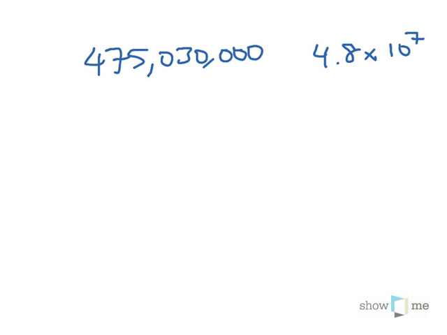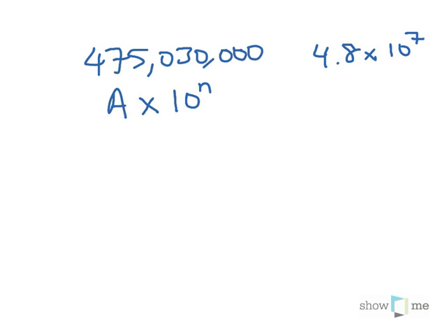Here's an example of how to use scientific notation to execute a comparison between two numbers. First, we need to have both numbers in scientific notation. Let's quickly convert the number on the left to scientific notation. As before, it has to be written as a times 10 to the nth, where a is at least 1, but less than 10.